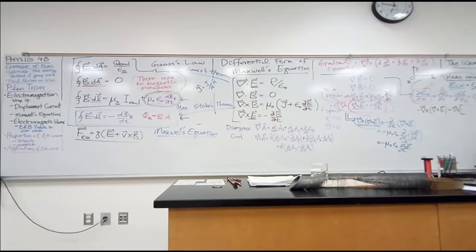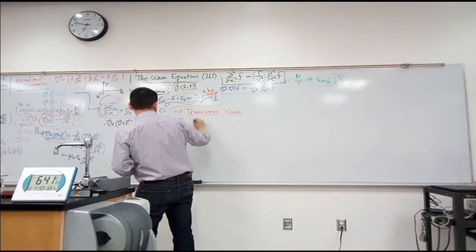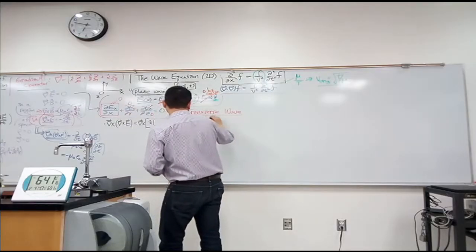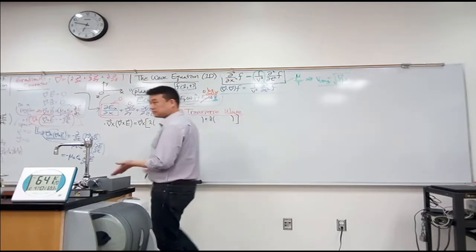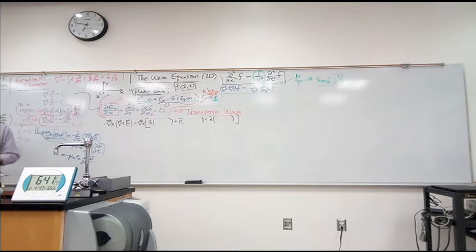I'll just say that it's 0 and then move on. So the result of curl will have 3 vector components: x component, y component, and z component. Some of them might end up being 0, but it can potentially have those 3 components.